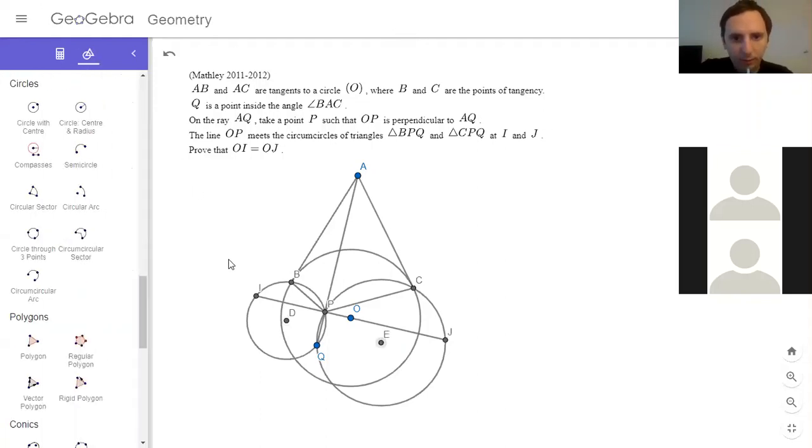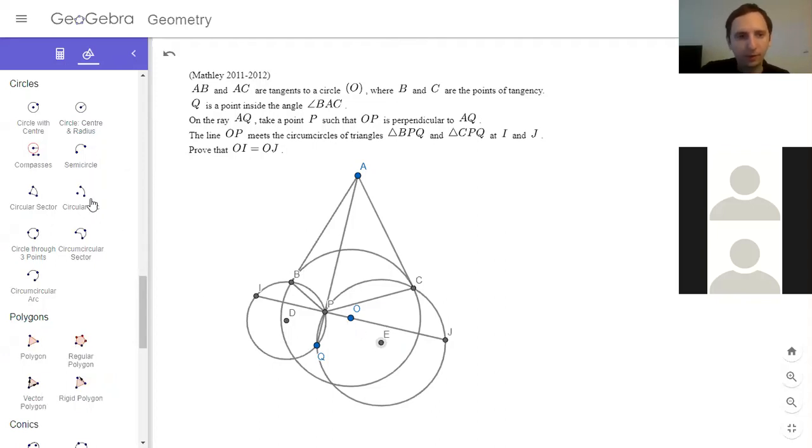Okay, so we want to show O has the same power. Maybe we could use Casey's theorem. The difference between the powers of O with respect to those two circles is... actually, I'm not sure about Casey's theorem.